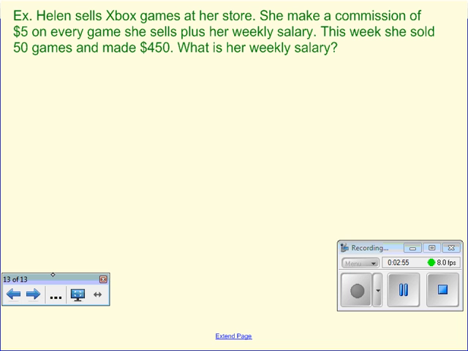So I know that she makes $5 on every game she sells. So right there, that's the rate of change. So I know that my slope, my m, is going to be $5 per game.